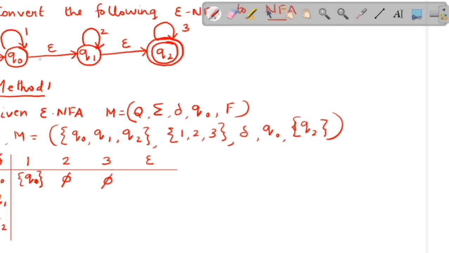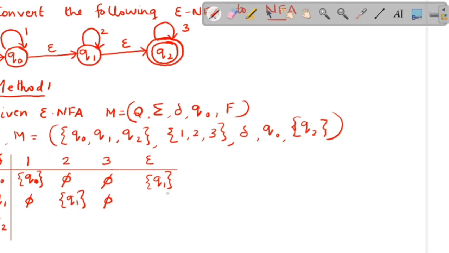Then delta of Q0, epsilon is equal to Q1. Delta of Q1, 1 is null set. Delta of Q1, 2 is Q1 itself. Delta of Q1, 3 is null set.